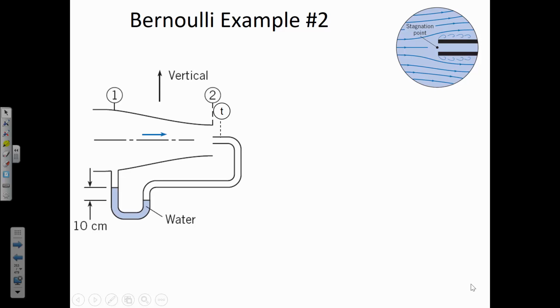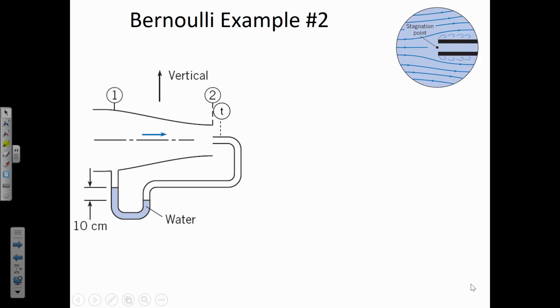So let's put some labels on here and start breaking it down. We've got location 1, where the section is wide. Location 2 is after it has narrowed, but before the opening of the manometer tube. And then I'm going to call the center of the manometer tube location T, just to mean the tube. It's inside the tube.